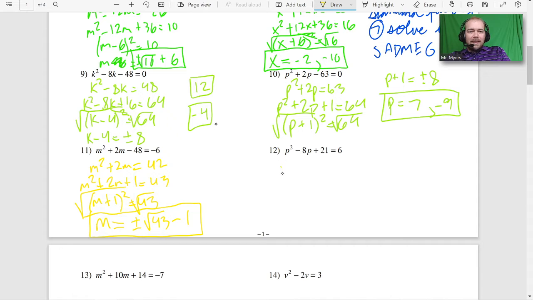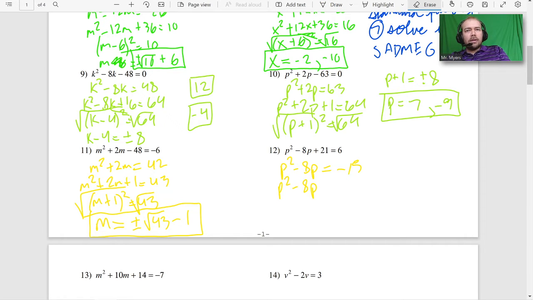So there you go. P squared minus 8p. Subtract 21. So we're subtracting, and we get negative 15. Then we, half is negative 4 squared is 16, so we add 16. 16 minus 15 is 1. Oh, I forgot to add it on both sides.